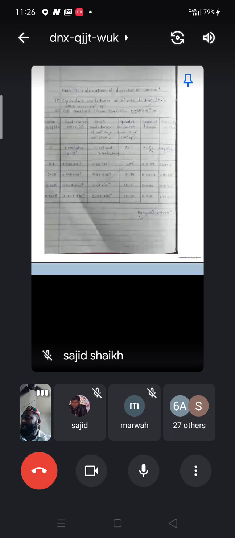Then you have to multiply by the cell constant. K is equal to cell constant into that value, and cell constant is always 1. Whatever the values are coming over here, same values will be here.